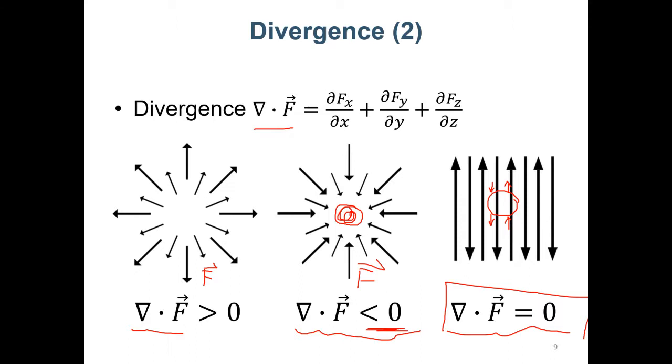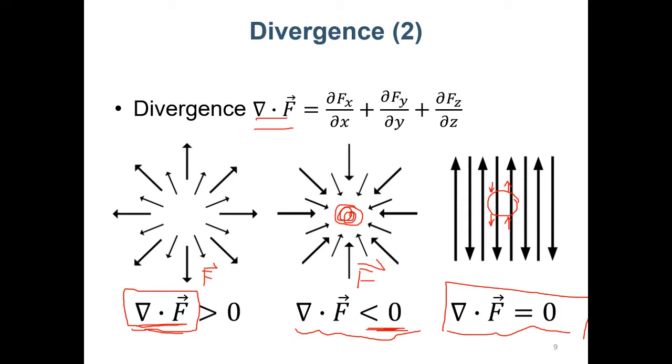But actually, after taking the divergence, this is also a field, a scalar field, so that if you substitute the XYZ into this expression, then you know the flux at different points over the space. This is what I just mentioned.